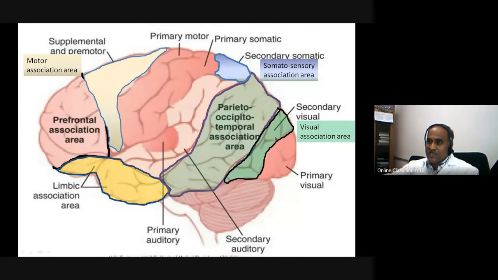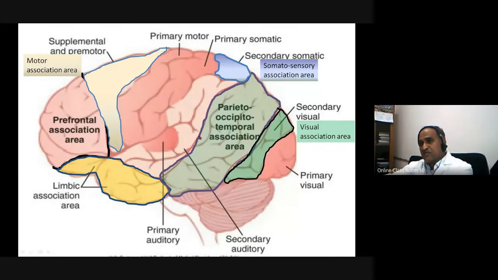Then the visual association area will be joining with the visual, so it will take the information from the visual association area. This gets information here, and this gets information here. Auditory, this is auditory, this is auditory. This will be talking to these things. All three modalities are clubbed together in this parietal occipital association area.